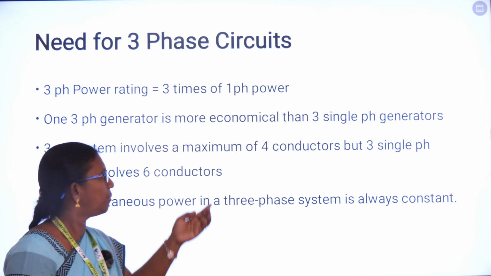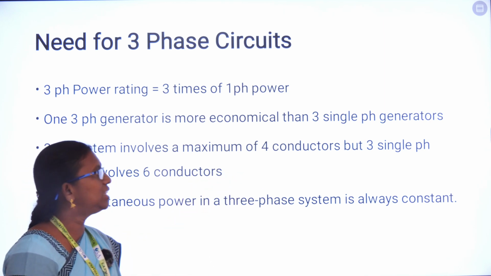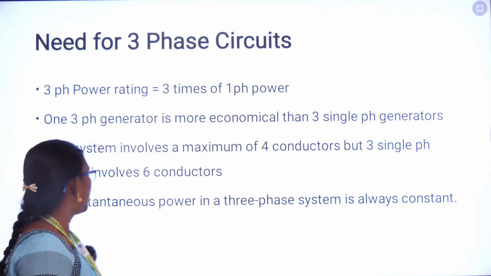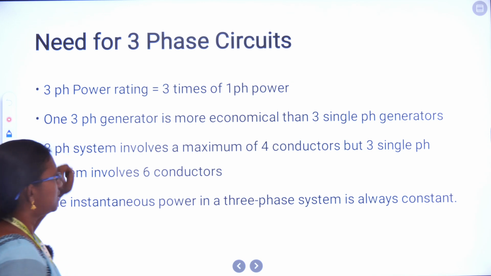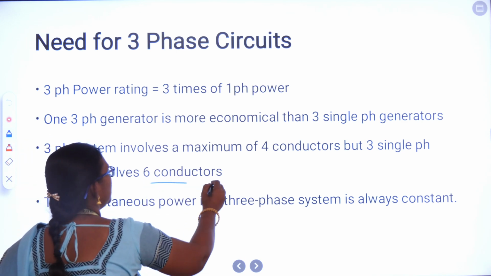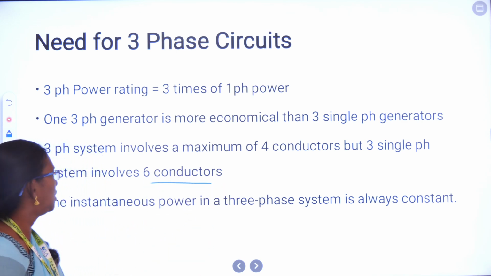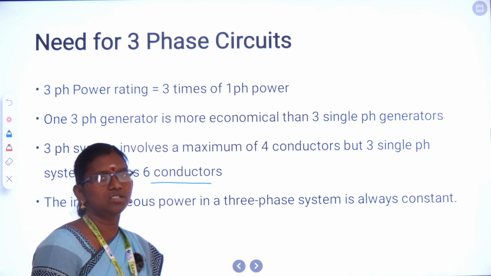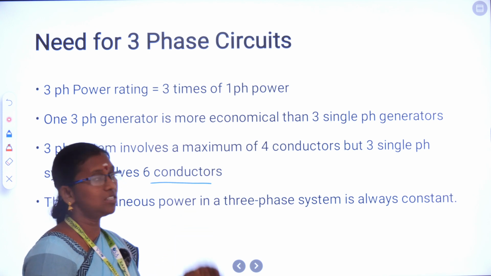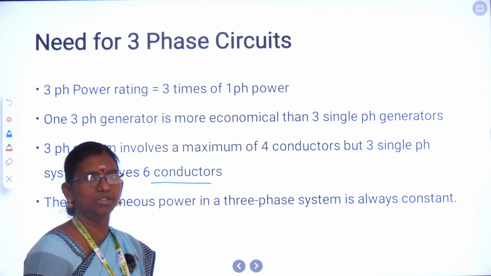But a 3 single-phase system requires almost 6 conductors, so the cost involved is also increased. And the instantaneous power in a three-phase system is always constant. These are the major advantages of going with a three-phase system.